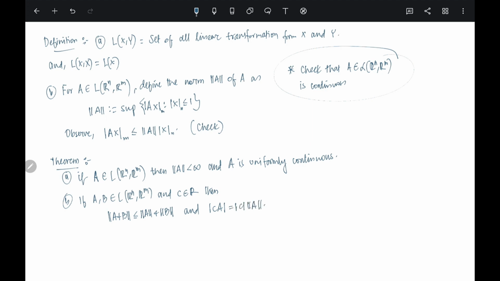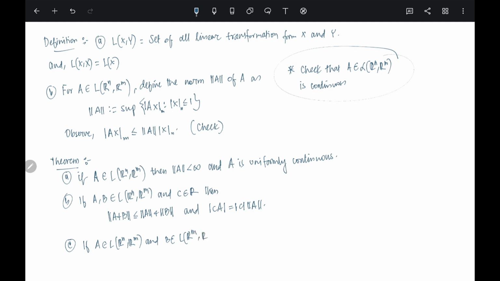Clear? Another important criterion is this. Let's say A is a linear map from Rn to Rm and B is a linear map from Rm to Rk.